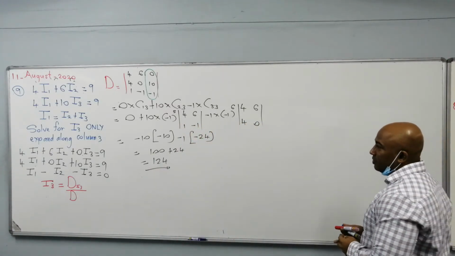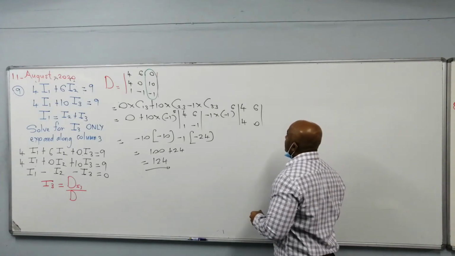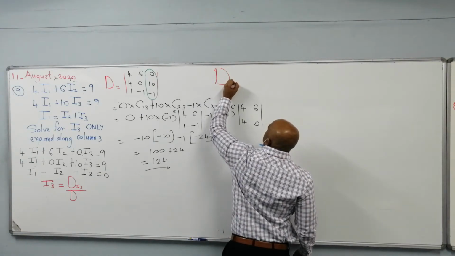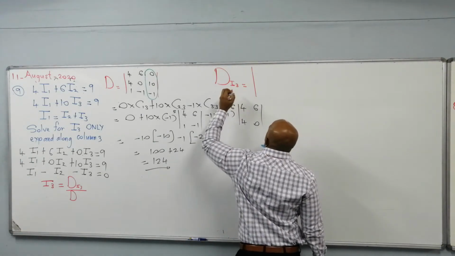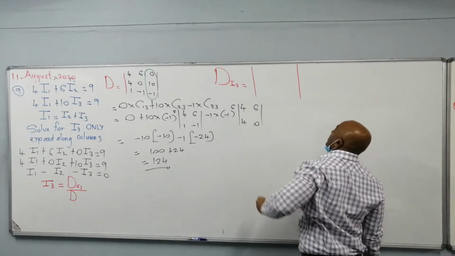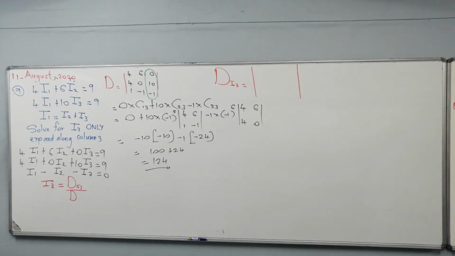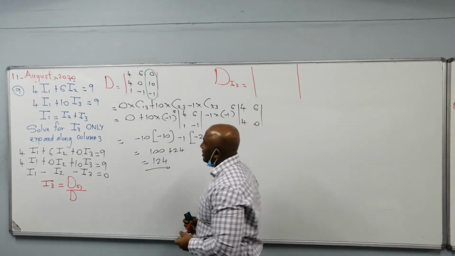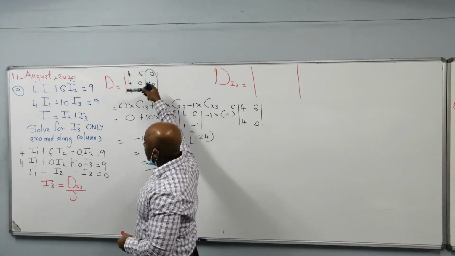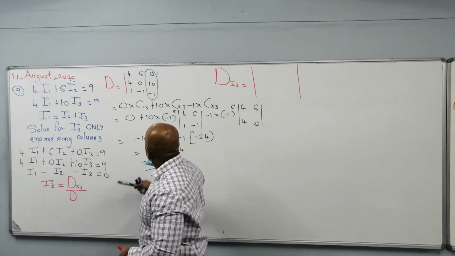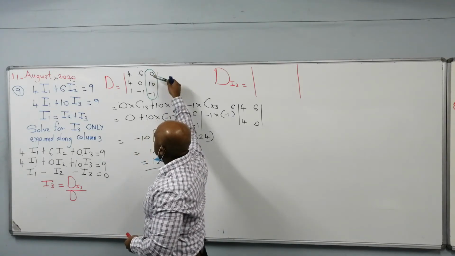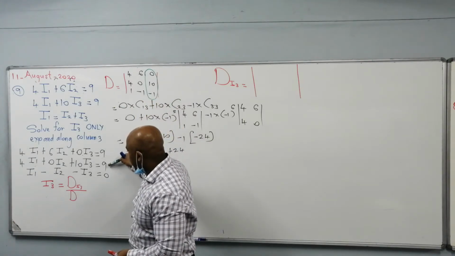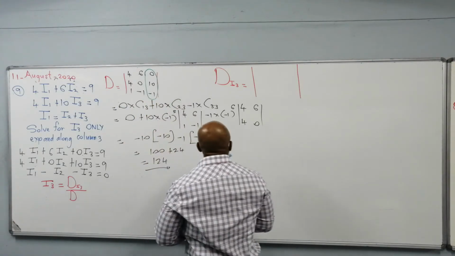Now, let's work out DI3. For DI3, we replace the I3 column. In other words, the coefficients of all the I3s here, replace these ones with your constants, 9, 9, and 0.